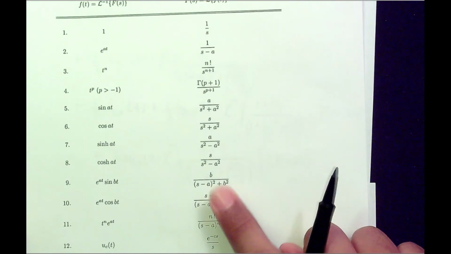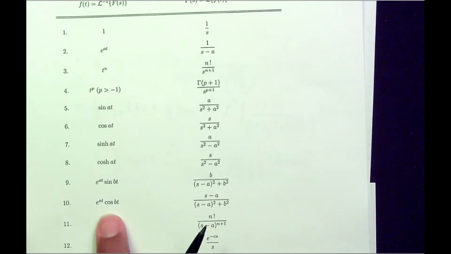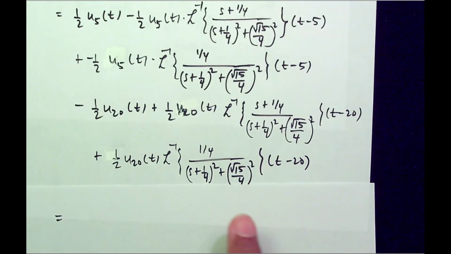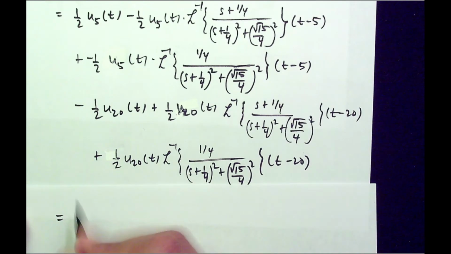It is this one. So a equals 5, b equals the square root of 15 over 4. And remember, this whole thing is not evaluated at t, but at t minus 5. Okay, so for the first one.